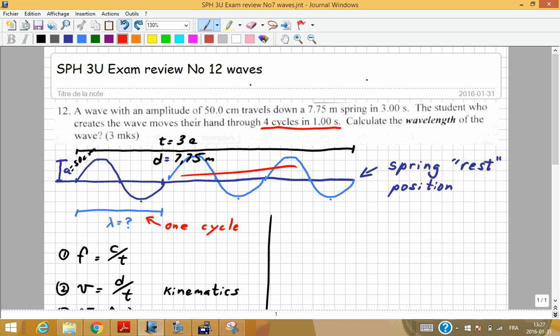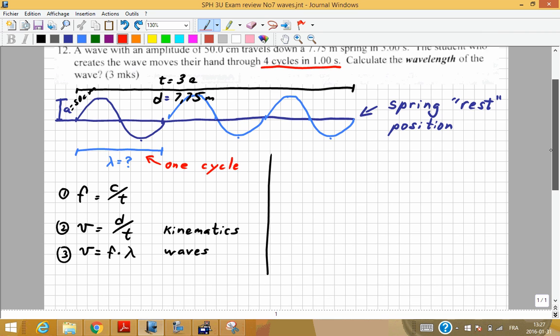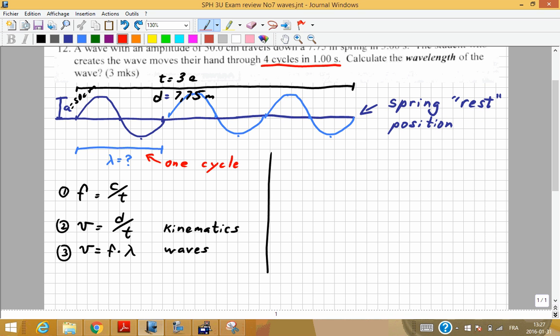And depending on the properties of the spring and the frequency and so on, the speed of that wave can change. So we'll need a few formulas to solve this. The first one is we need to know the frequency. So the frequency is the number of cycles divided by the amount of time. The next one will be a kinematic equation for speed equals distance divided by time.